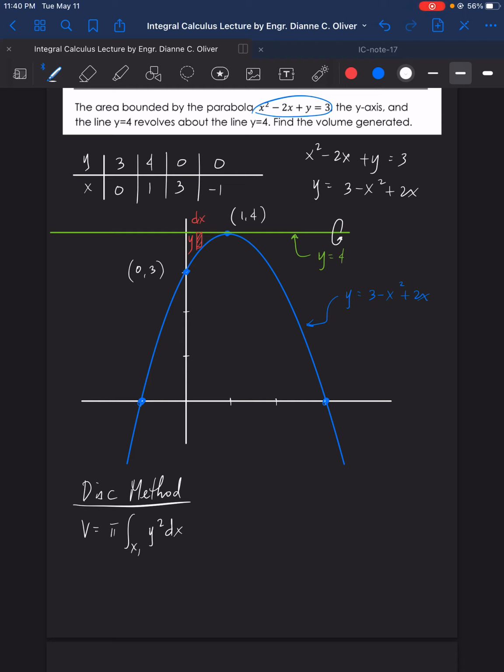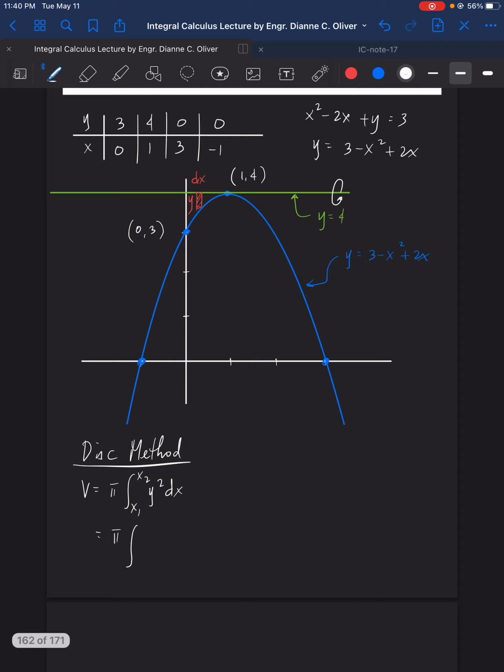Therefore, we have here x1 to x2. Then, we need to convert this into x. Therefore, we will substitute there the y upper minus the y lower.